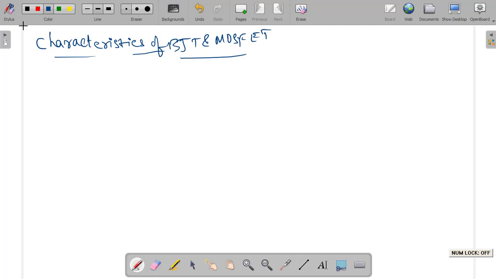Let's go to the definition for BJT. What actually is your BJT? BJT is nothing but bipolar junction transistor. I hope you have a basic idea about transistor.